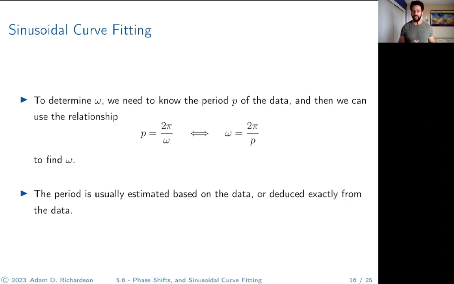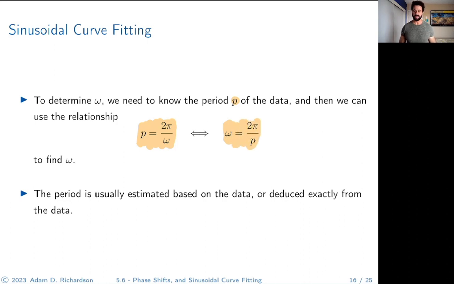Right. Now, to determine omega, we need to know the period of the data. We need to know the period p of the data. And once we know what the period of the data is, we can use the relationship between the period of our data and the period of the sine function, and how it relates to omega, to figure out what omega is. More specifically, you're going to get this.